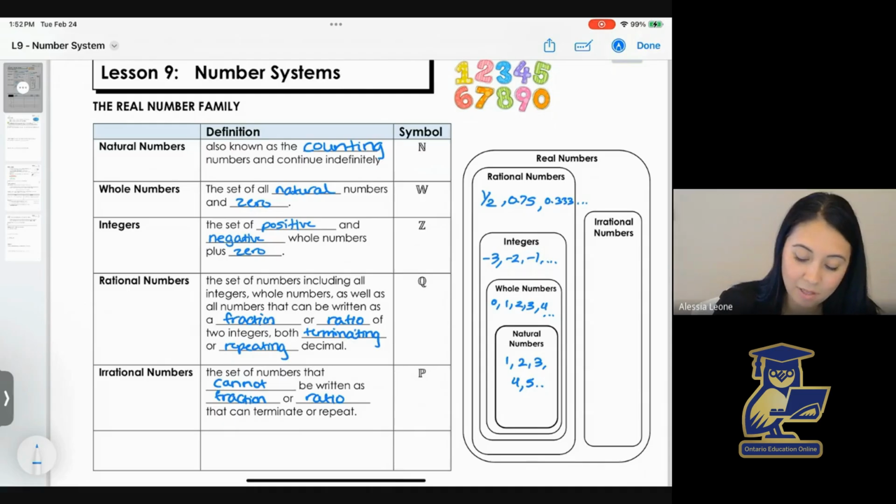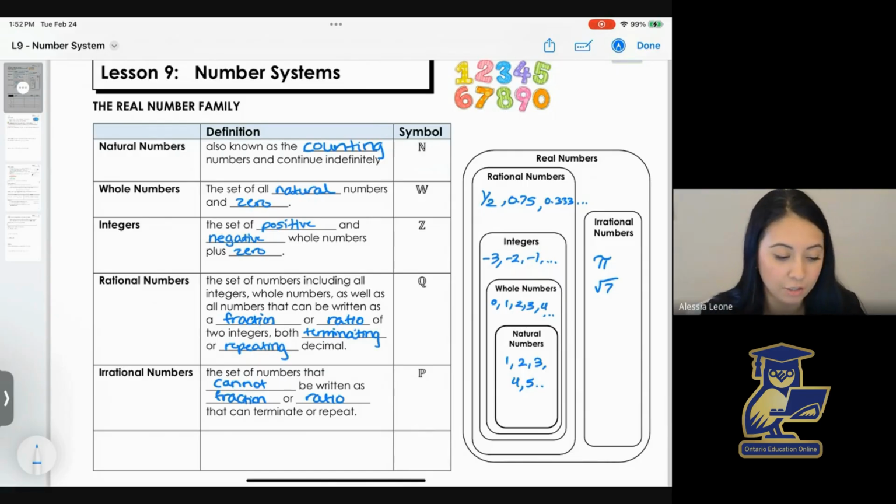An example of an irrational number could be pi or the square root of 7. If you notice here, the visual is just to show you how they all relate to each other. All of these are real numbers, and all integers are rational numbers, and all whole numbers are integers, and all natural numbers are whole numbers.